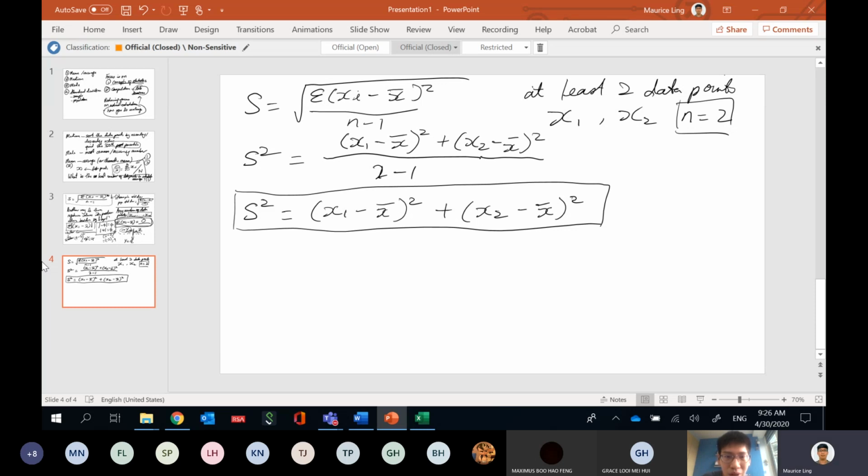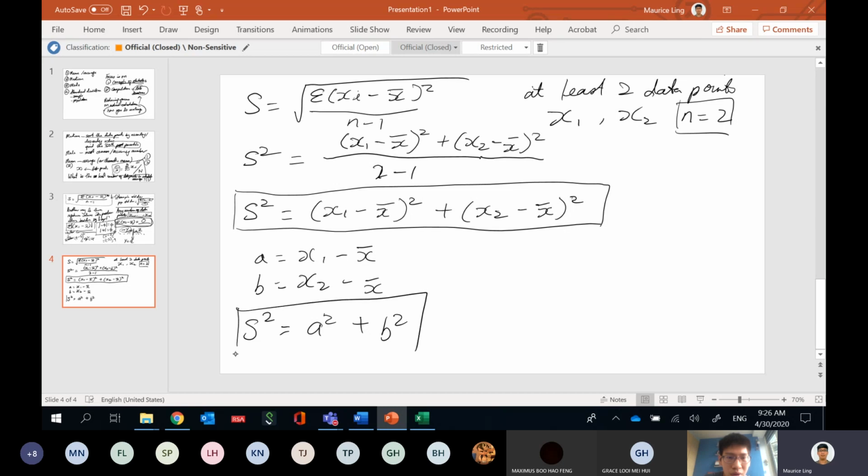So let me just reduce it further. If I say that A equals x1 minus mean, and B equals x2 minus the mean, I substitute it in, I get this.